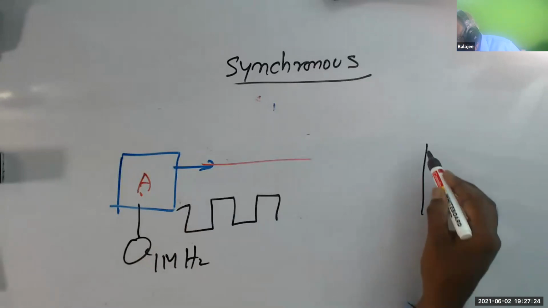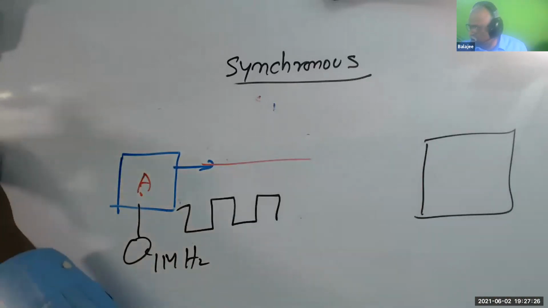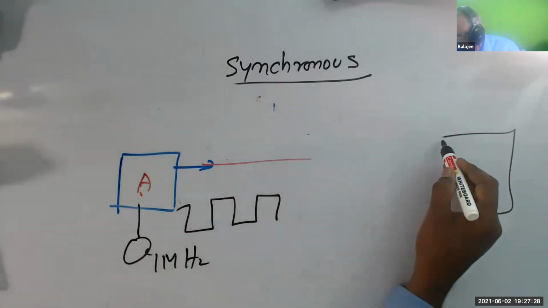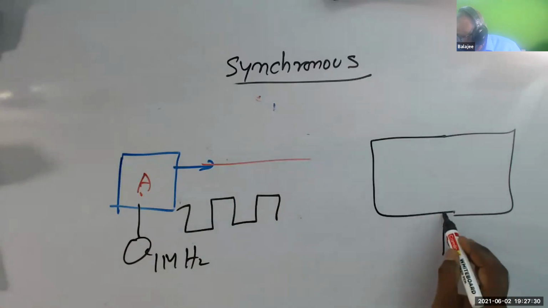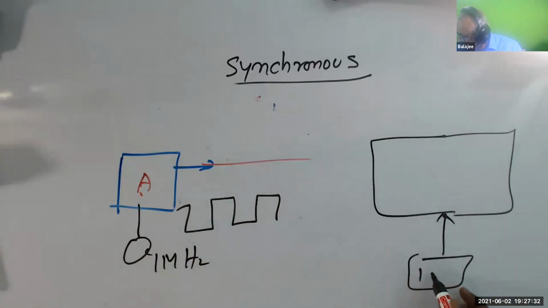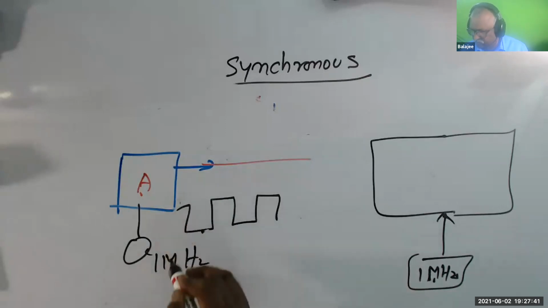This guy, B, is also having a clock, which is 1 megahertz. But what is happening is, the timings of this guy and this guy are not correct.